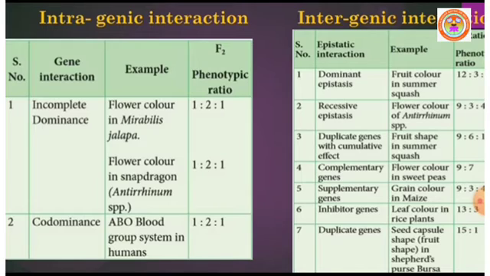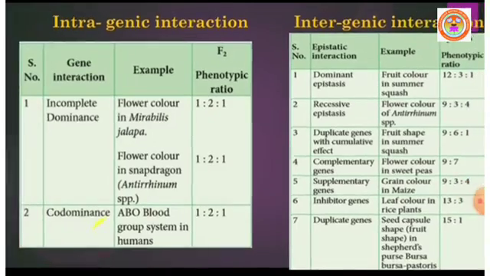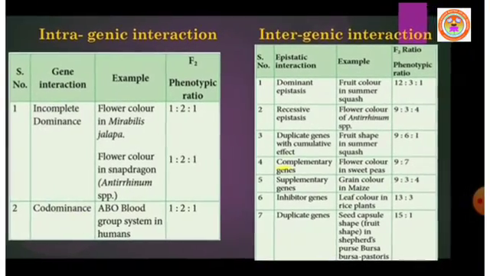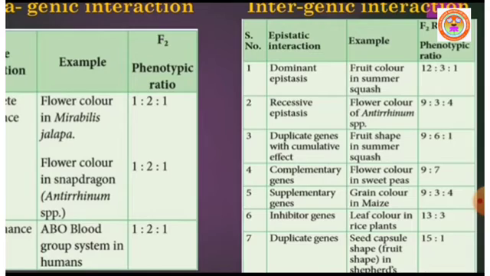Codominance we also studied, in cotton plants. In human beings, it is the ABO blood group system, in which the ratio is 1:2:1. But intergenic or non-allelic interaction takes place between the alleles of two different genes present in the same chromosome or in different chromosomes.